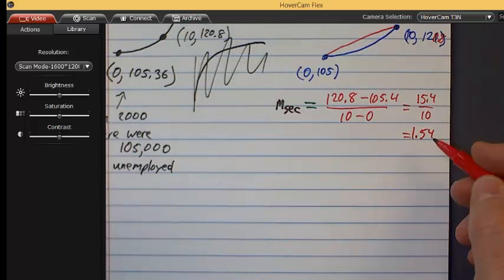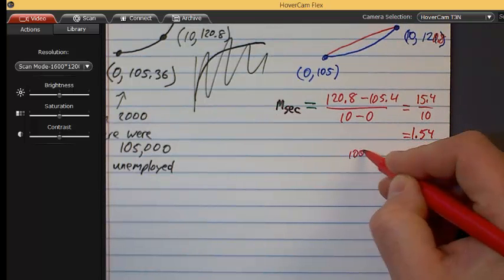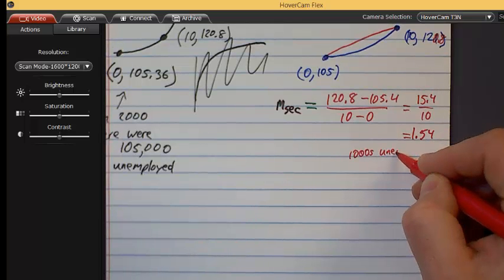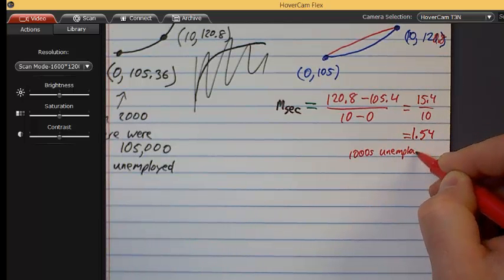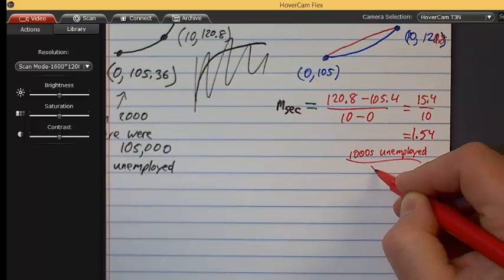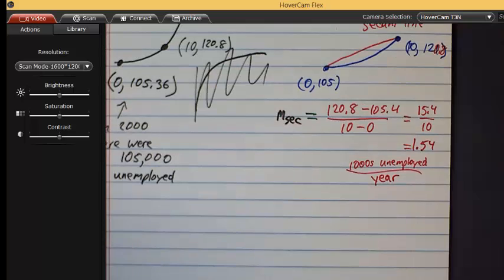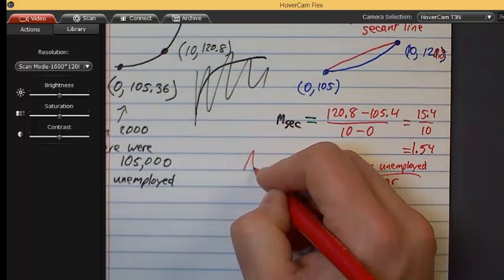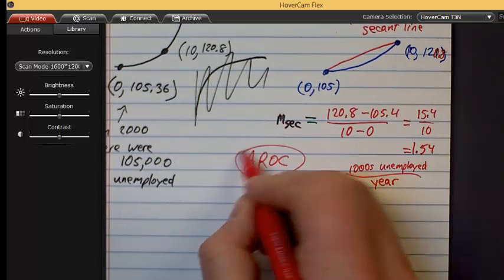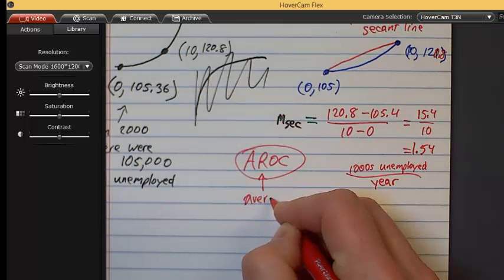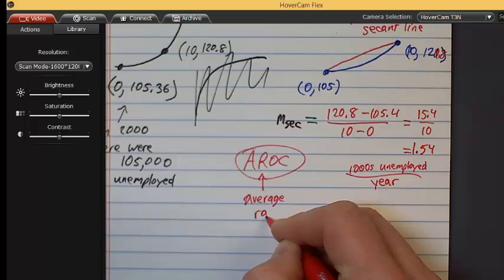Yeah. Thousands unemployed per year. That's the rate of change. That's what we called AROC. AROC is the average rate of change.